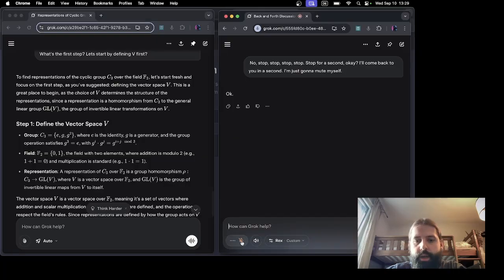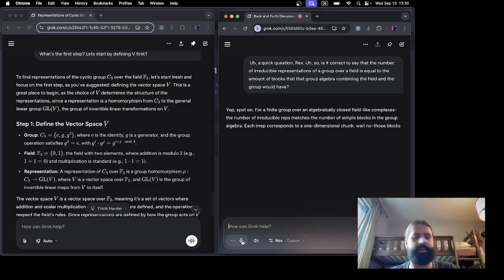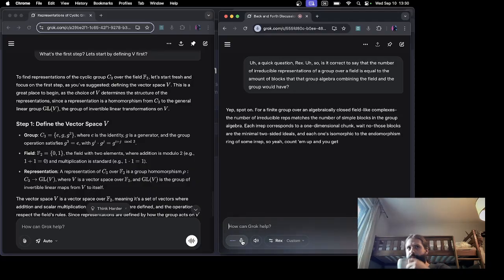A quick question, Rex. Is it correct to say that the number of irreducible representations of a group over a field is equal to the amount of blocks that the group algebra combining the field and the group would have? Yup, spot on. For a finite group over an algebraically closed field, like the complexes, the number of irreducible reps matches the number of simple blocks in the group algebra.